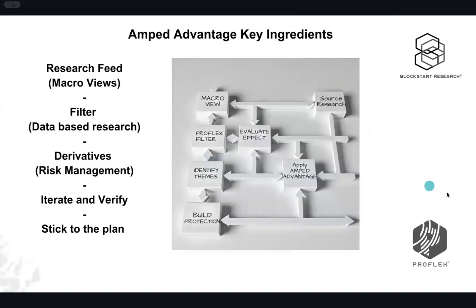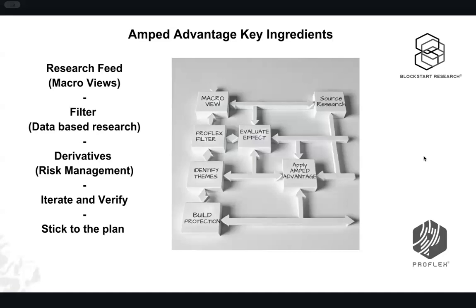Now let me quickly cover Proflex, just a little bit of background. How we operate is, as we already discussed, macro view. We are very big on starting from a macro view. Beyond what I talked about, I have been working with at least 100 analysts. We subscribe to the research; we are basically the consumer of some of the best research in the US.